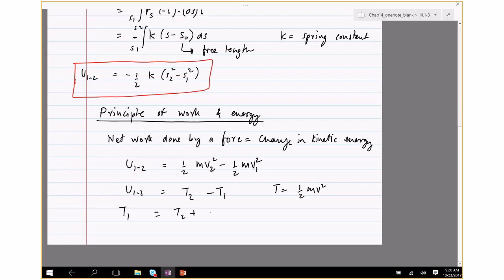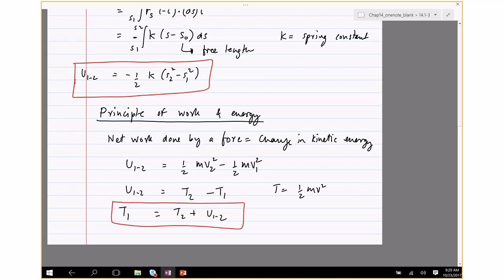So what that's saying is that if the particle has a certain initial kinetic energy, let's say half mv1 square, the action of a force would cause it to do work on the particle. Okay, change the kinetic energy of the particle. So the initial kinetic energy is equal to the work done by the force plus the final kinetic energy. So that makes intuitive sense, right?